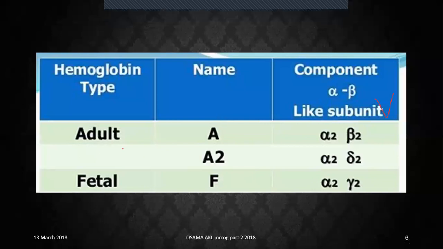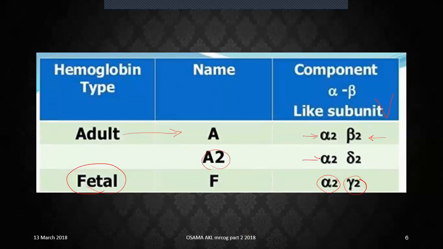So again, in the fetus, we have 2 alpha and 2 gamma subunits, gamma janin. In adult, most of adult hemoglobin contains 2 alpha plus 2 beta. And there is another type of adult hemoglobin. It's called adult hemoglobin type 2, which is present in minimal concentrations.